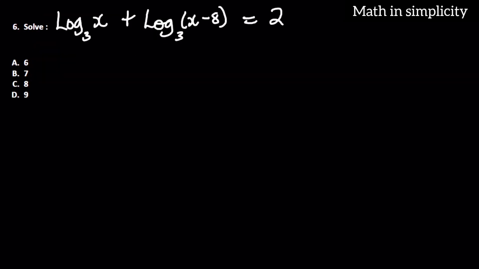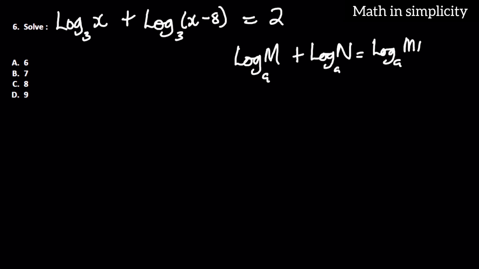Okay, for number 6, we have to solve log x to the base 3 plus log (x minus 8) to the base 3 equals 2. Since we have addition, we can use the addition law of logarithms, which says that log m to the base a plus log n to the base a is equal to log of m times n.